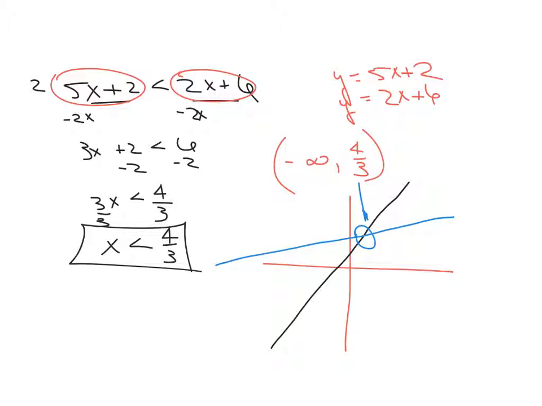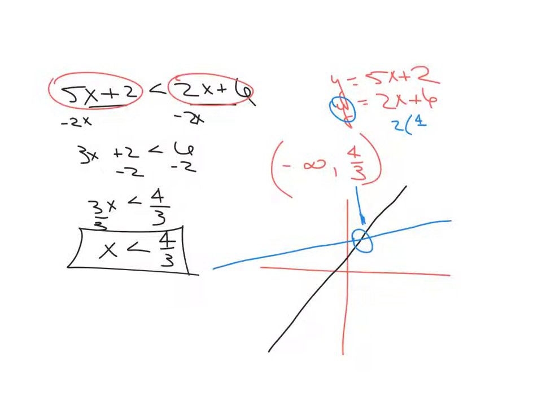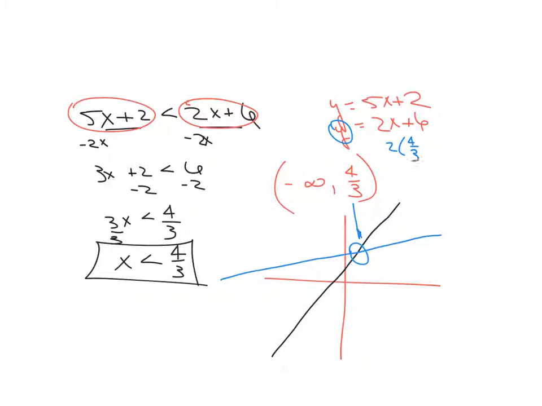And what you would do is you'd find out what your y value is by putting 4/3 in here. And that would be 8/3 plus 6, or 8/3 plus 18/3, which would be 26 over 3.